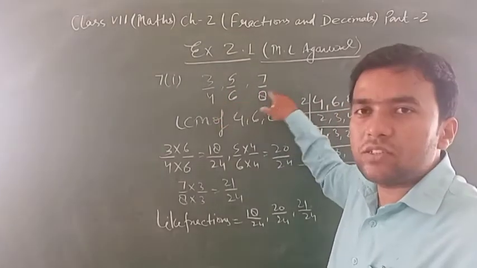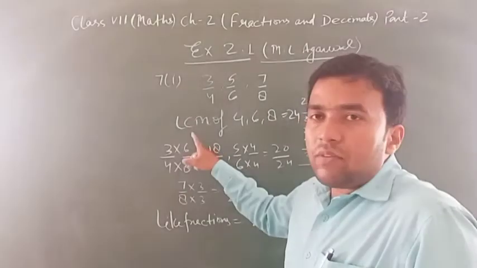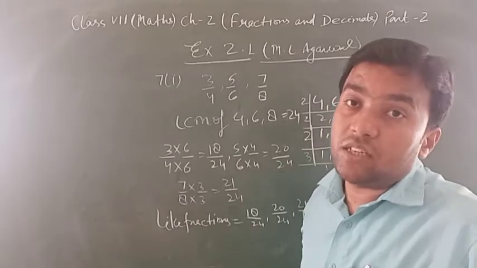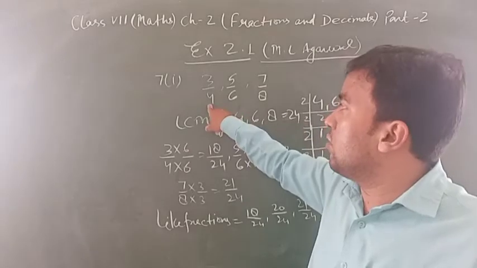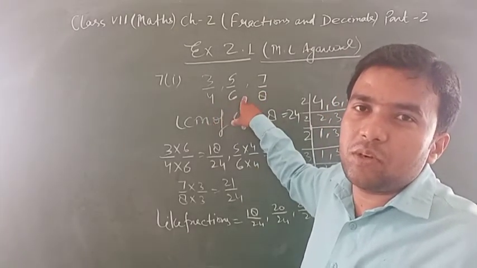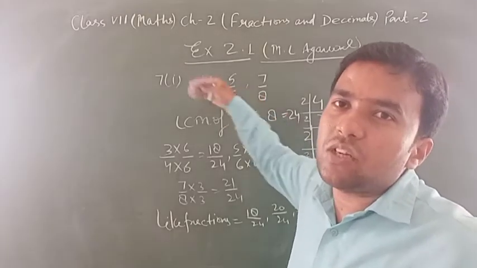Here the denominators are not the same, so they are not like fractions. First of all, take the LCM of the denominators, then you can make the same denominator. 24 is the LCM. After that, you see only the denominator: 4 you will make 24, 6 you will make 24, 8 you will make 24. Clear? You don't think about the numerator.